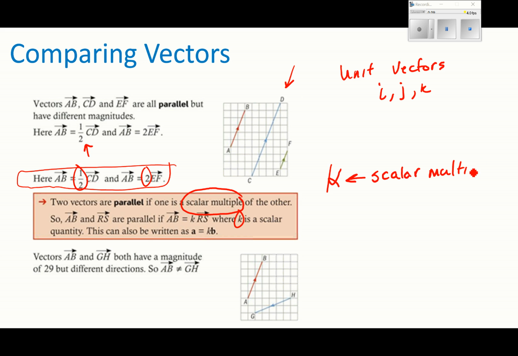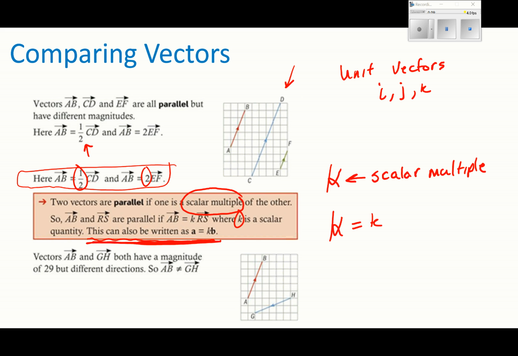So be very careful when you see the variable k. Is it a cursive k or is it not cursive? If it is a cursive k, it is a scalar multiple. So our cursive k is not the same as our unit vector k. All right. So if there is a scalar multiple, this can also be written as a equaling k times b.